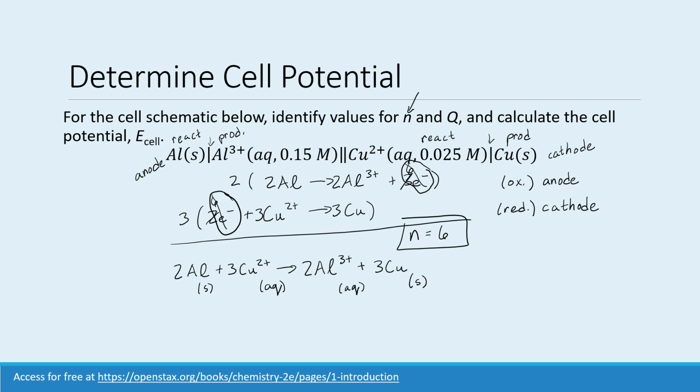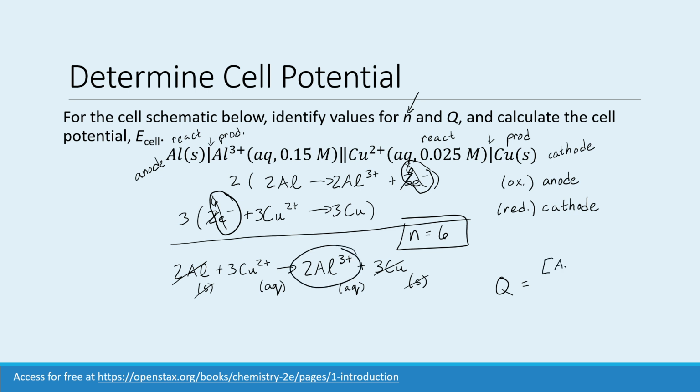And the reason that that's important is because remember, when we are calculating the reaction quotient or equilibrium constants, the only thing we care about are aqueous and gases. We ignore the solids and the liquids, right? So we can ignore the aluminum solid as well as the copper solid when we are calculating that value of Q. And Q will always be products over reactants raised to the power based on that coefficient.